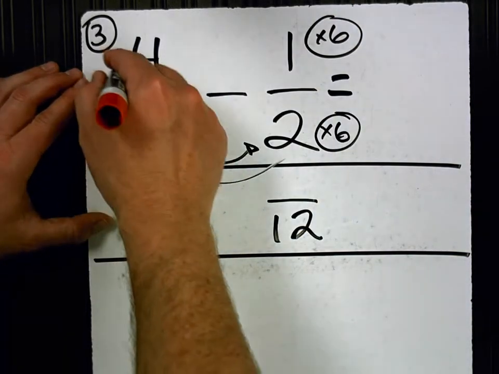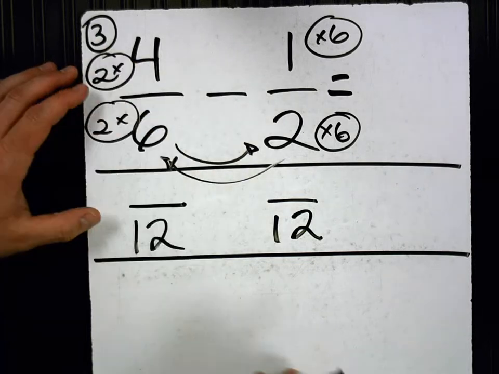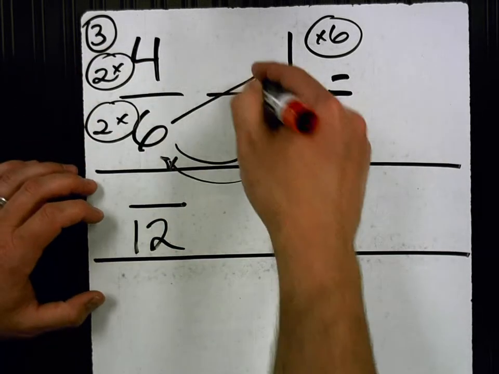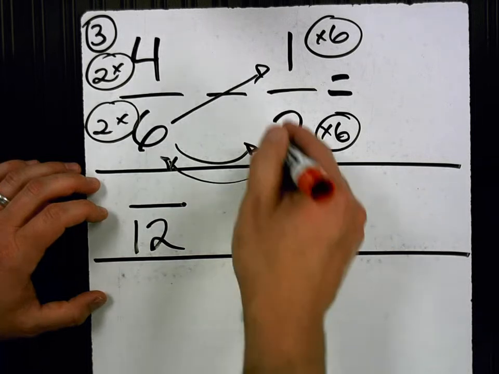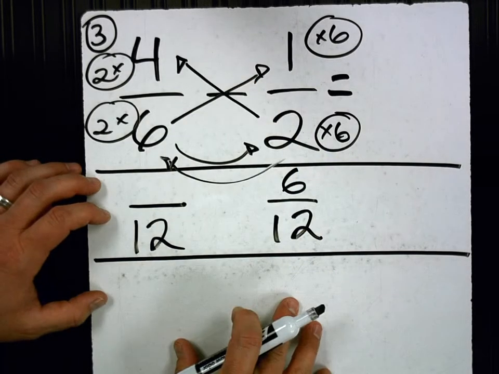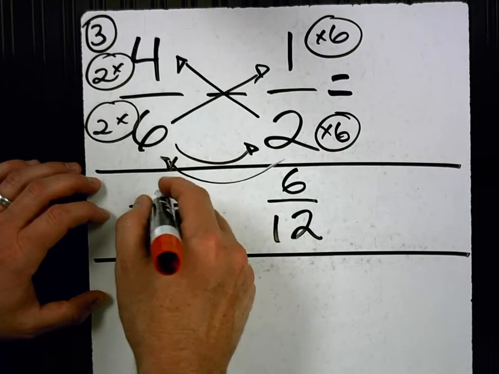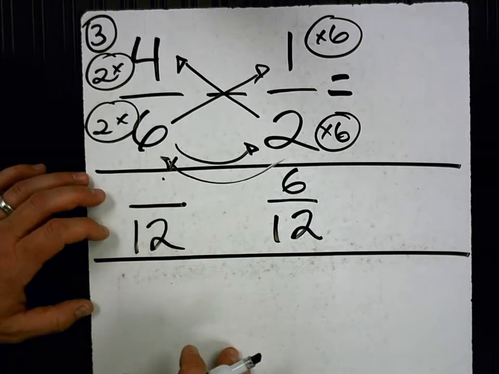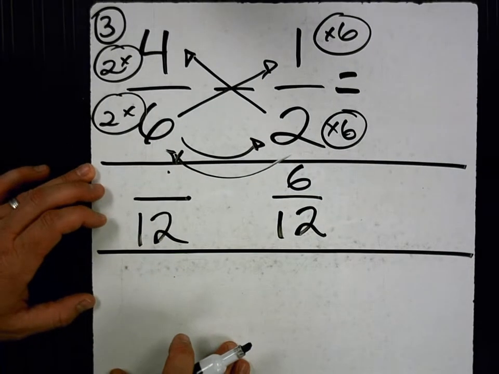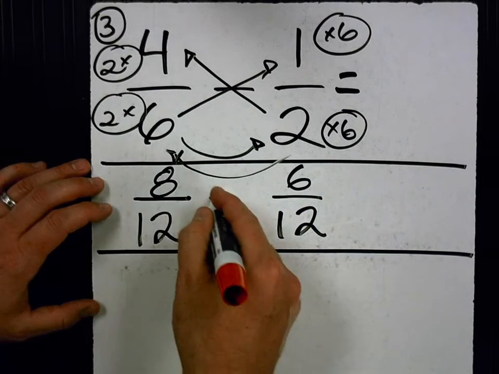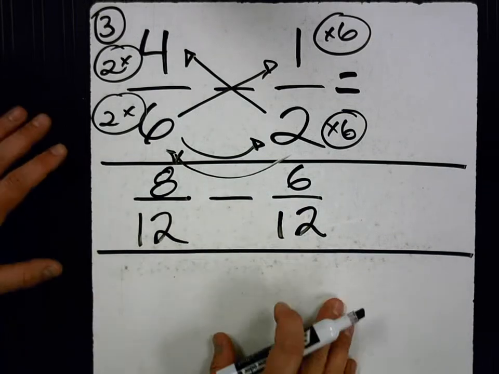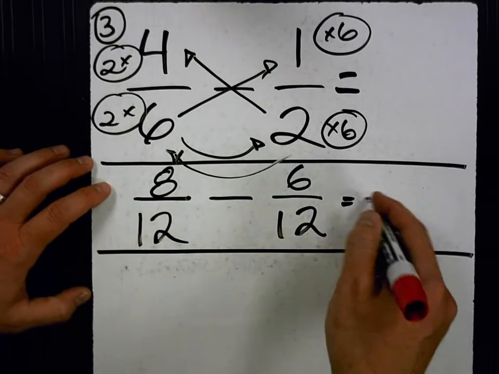Very good. 6 times 1 is how much, Daniel? 6. 2 times 4 is how much, Andrea Hidalgo? 2 times 4 is how much? 8. Very good. Now we're ready to subtract. What is 8 minus 6, everyone?